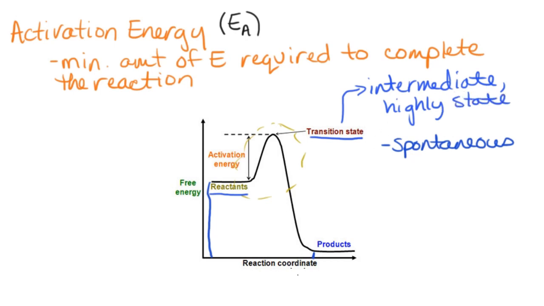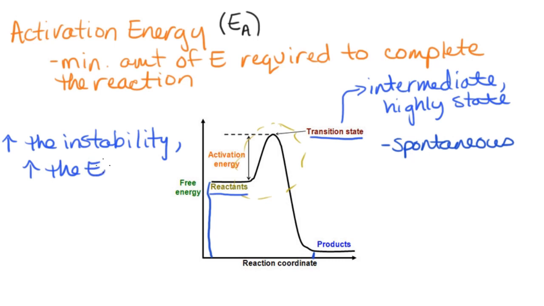In that transition state, a lot of times we are flexing or straining chemical bonds, perhaps so they will break a little bit more easily as this reaction proceeds. But since it is highly unstable, it is very high energy. So remember that the higher the instability, the higher the energy. And potential energy is really what we're looking at here.